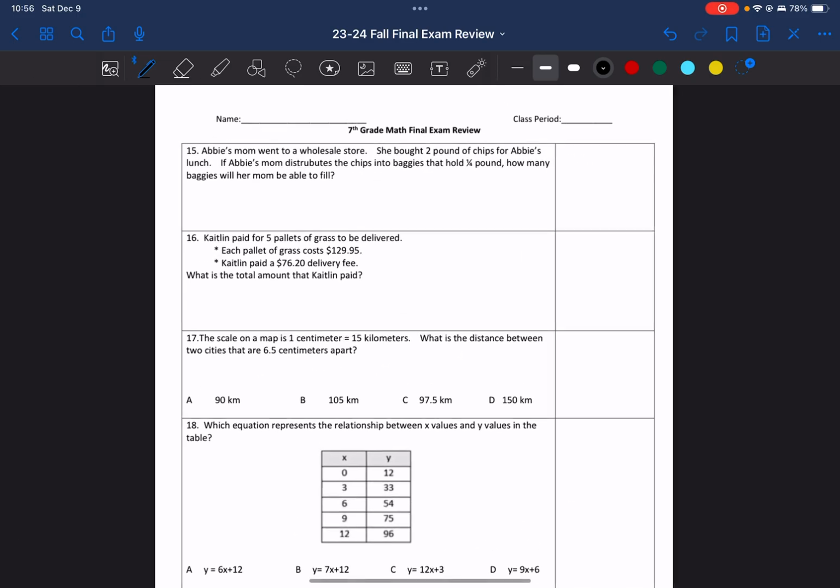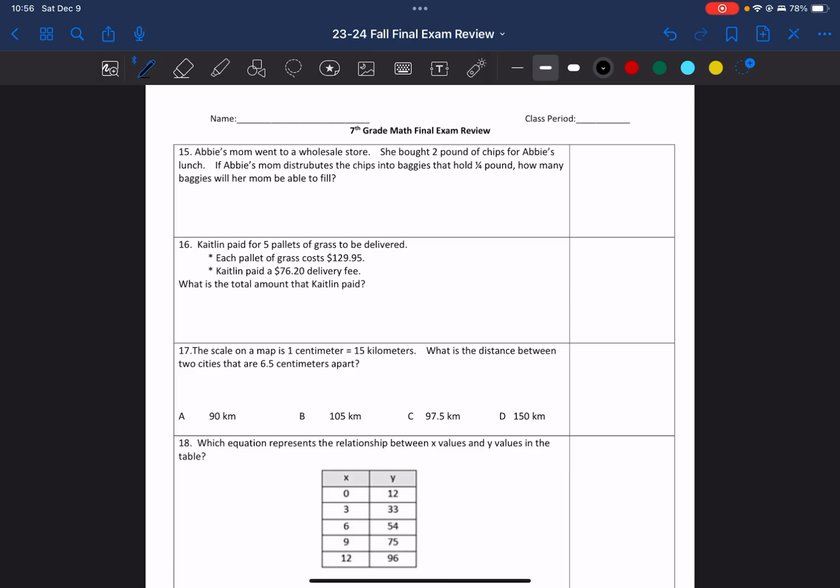All right. Abby's mom went to a wholesale store. She bought 2 pounds of chips for Abby's lunch. If Abby's mom distributes the chips into baggies that hold 1/4 pound, how many baggies will she be able to fill? Distributing means we are going to be splitting it up.